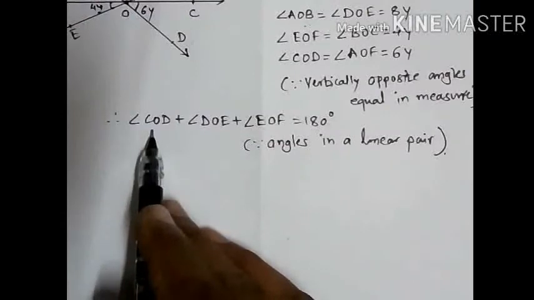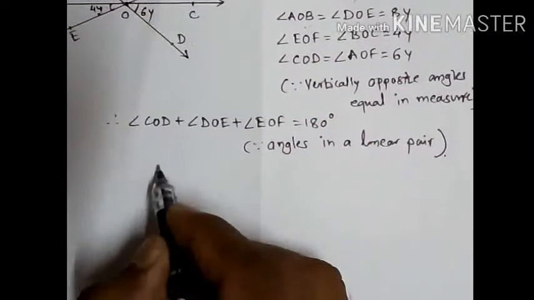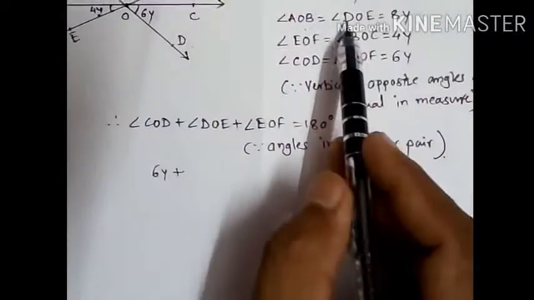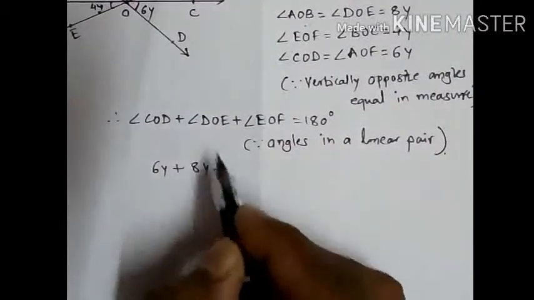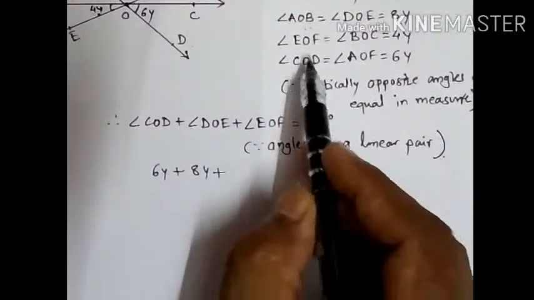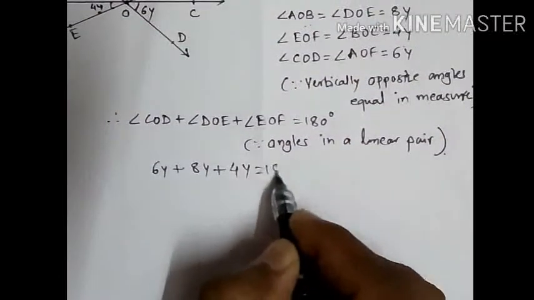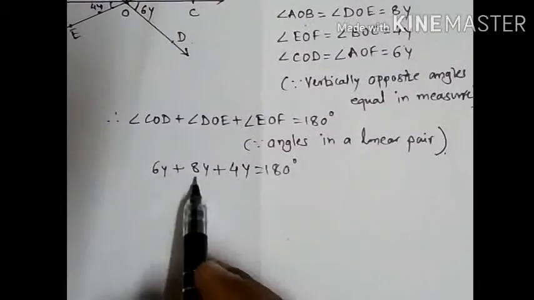But we know that angle COD, that is 6y, plus angle DOE, that is 8y, plus angle EOF, that is 4y, is equal to 180 degrees. Therefore find the sum of 6y, 8y and 4y.